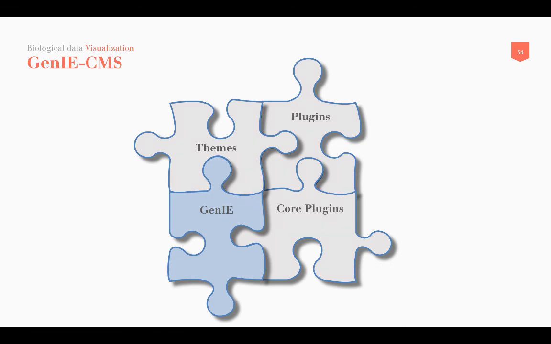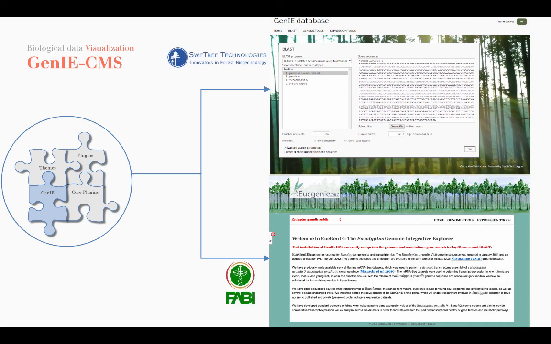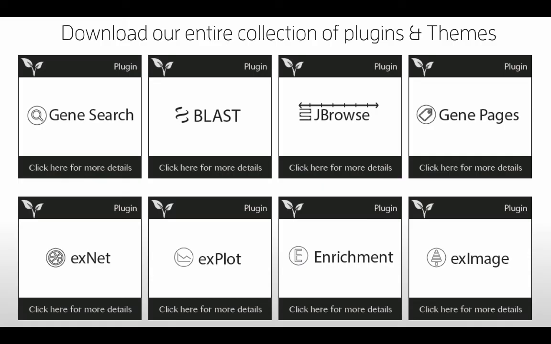We already installed this Genie CMS for successful beta test users with the Eucalyptus grandis genome. One is in Sweetery Technologies and the other one is in a South African University. If you are interested, you can download the Genie CMS from the geniecms.org website and also the themes and the tools from the same website.